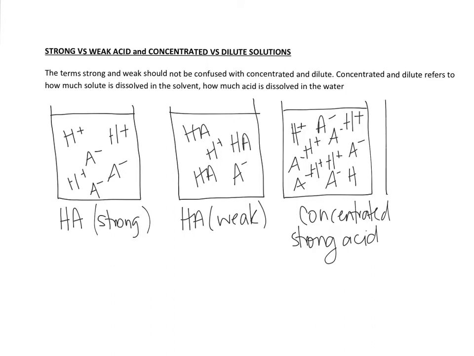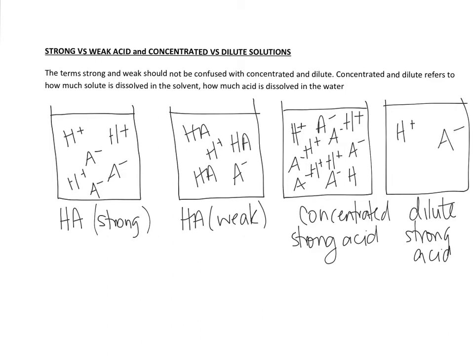If we have a dilute solution of a strong acid, that means we don't have very much acid solute dissolved in water at all. So we would have very few ions of our original acid.